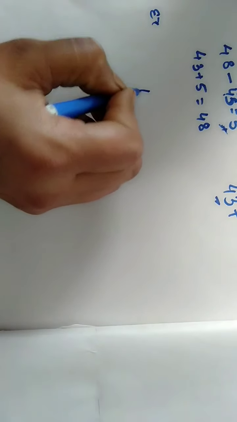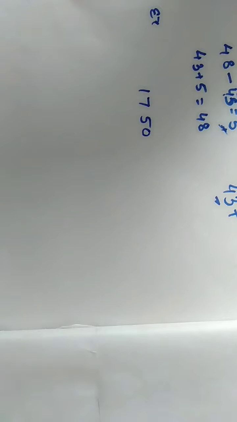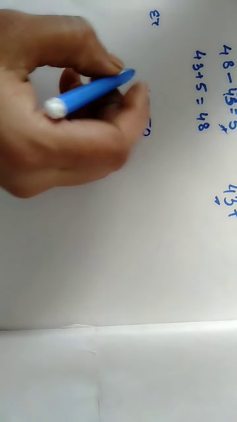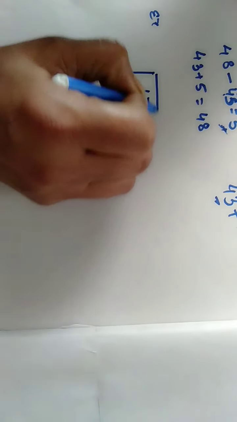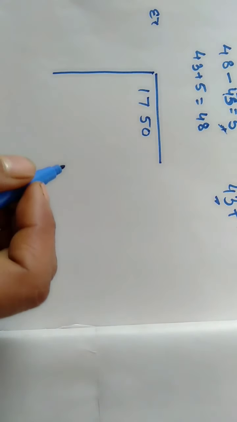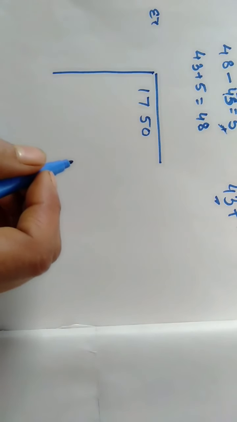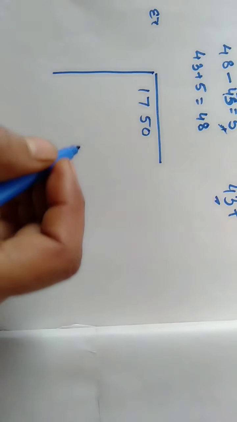Suppose 1750. We will just try to find out the square root and then we find out the difference. When we find out the difference, difference means greater number minus the smaller number.